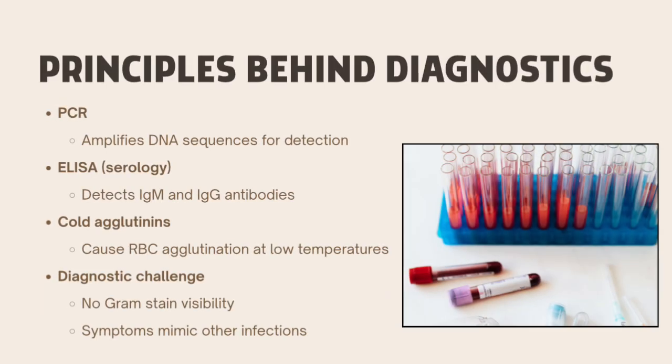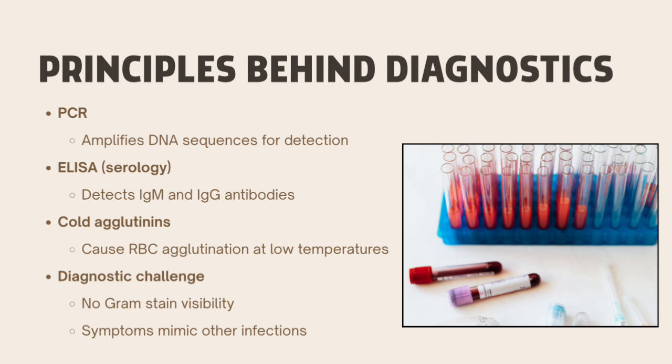The PCR test works by amplifying small amounts of DNA, making it possible to detect the organism even when it is present in low quantities. Serological tests detect antibodies produced by the immune system, with immunoglobulin M indicating a recent infection.